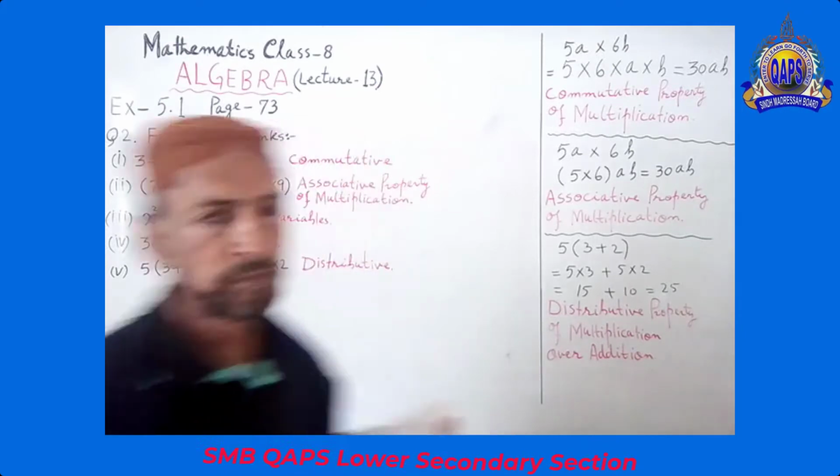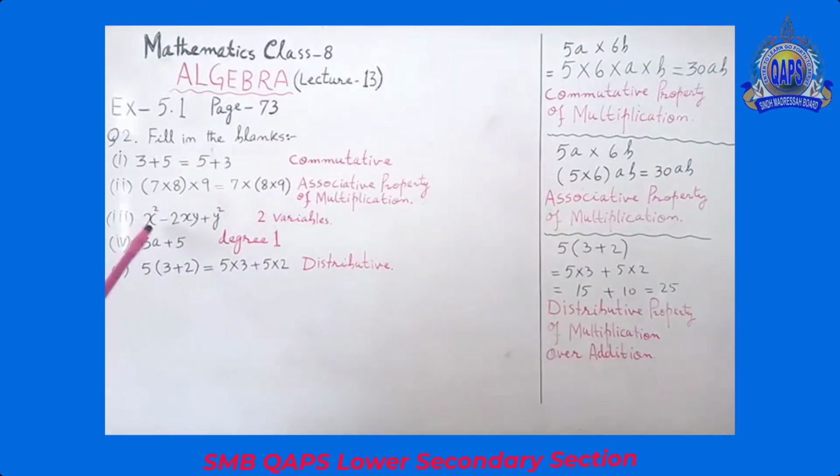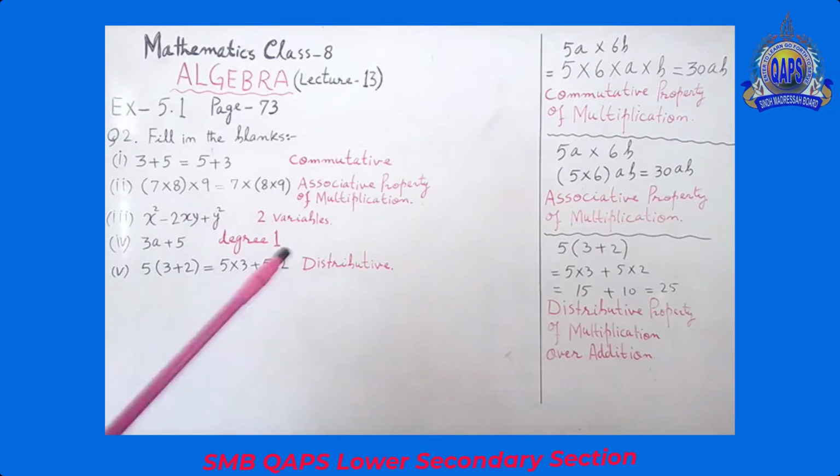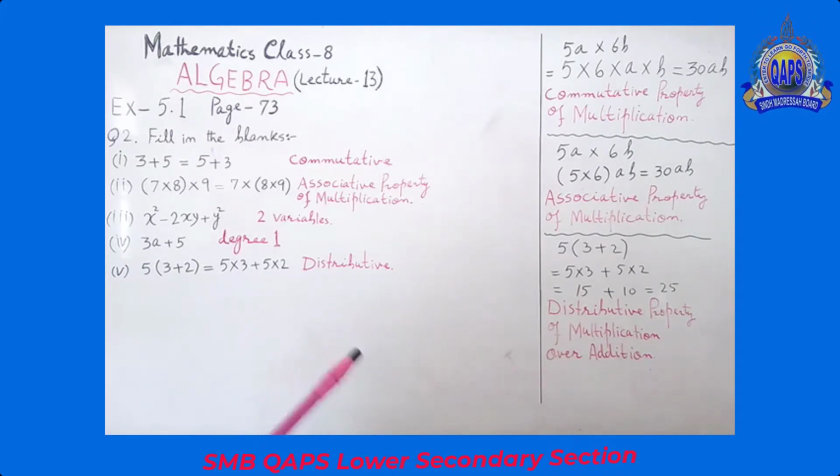So, see over here, x square minus 2xy plus y square. Variables, only two. I'm telling you, x, this is x power 2. That means x multiplied by x. Understand what I'm saying? Minus xy plus y multiplied by y.